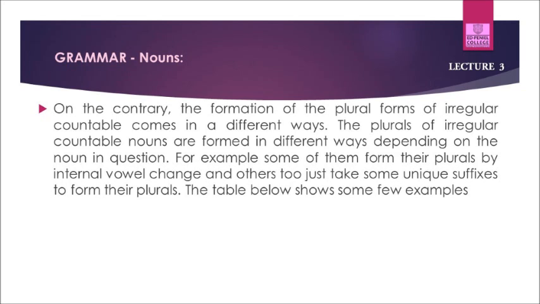But the exact opposite are the irregular countable nouns, which do not take these suffixes. Rather, their plural forms come in different ways. Some just change the vowel in the middle of the word. Others take some unique suffixes. You can see some examples.